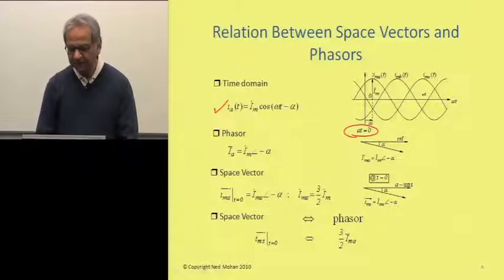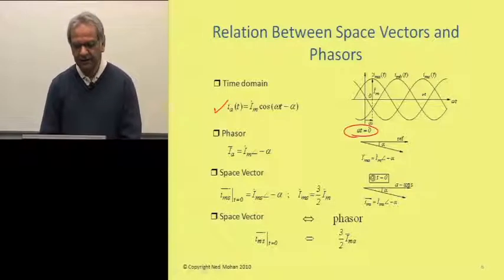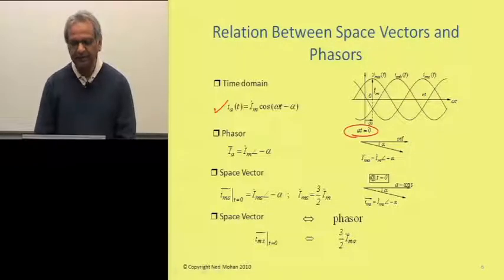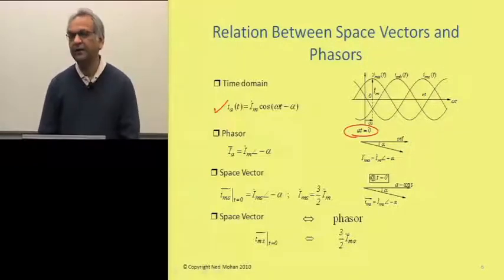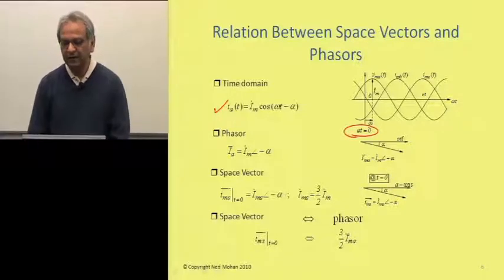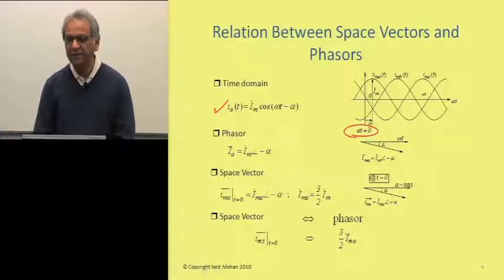So what happens to the space vector? Well, we know that the space vector has a constant amplitude, and it will be along phase A axis when the current in phase A is at its maximum.